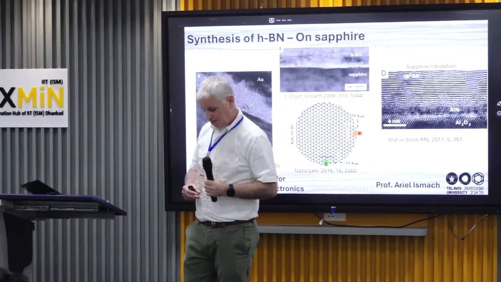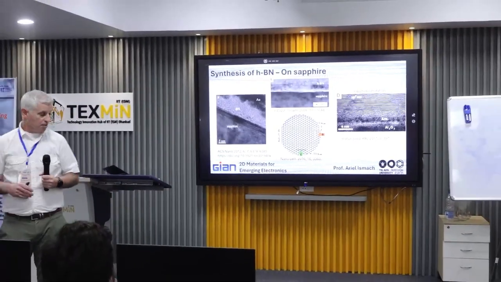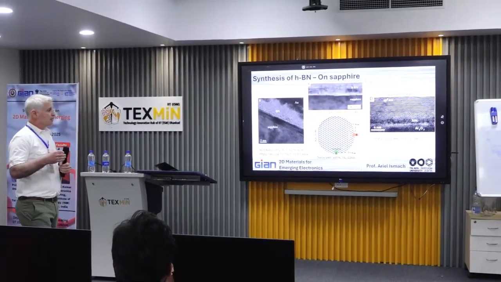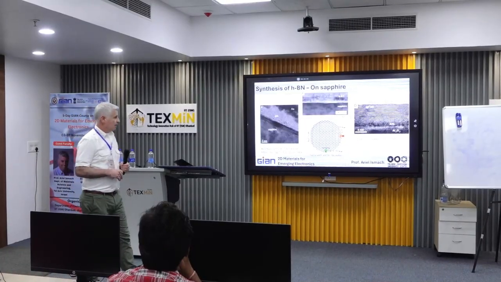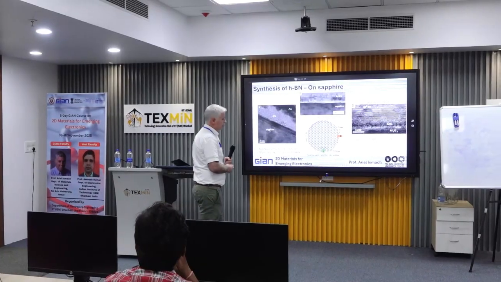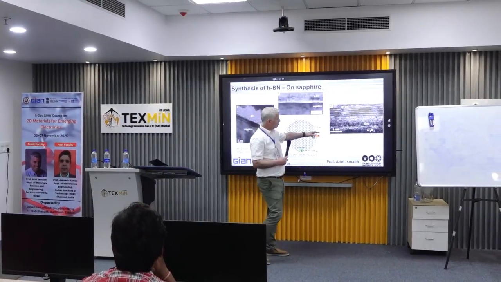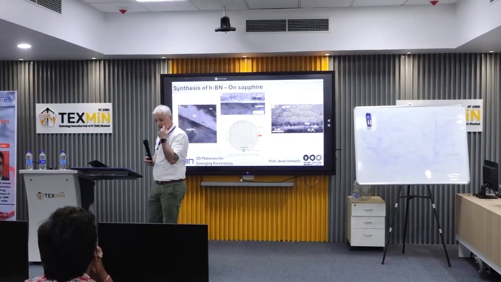In the process, before the growth, they did a nitridation: they reacted the sapphire at high temperatures with ammonia. So they caused the formation of aluminum nitride that seems to be favorable for the growth.